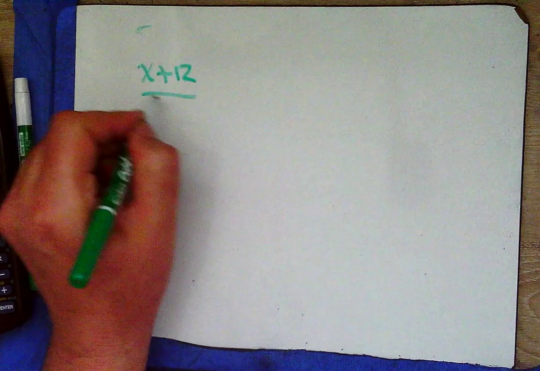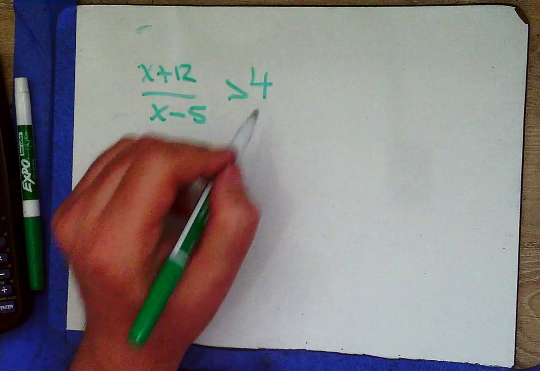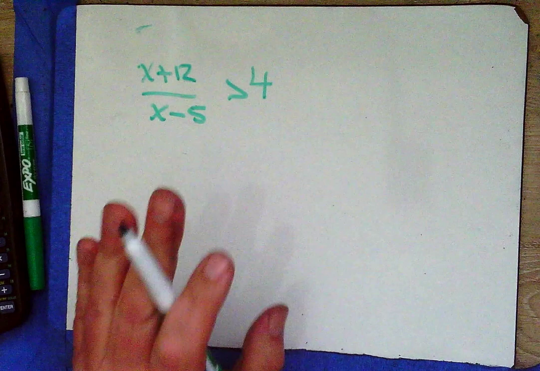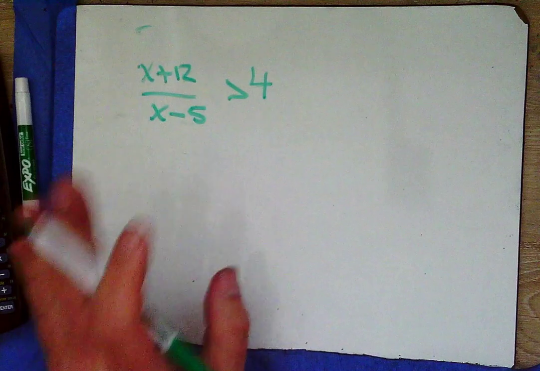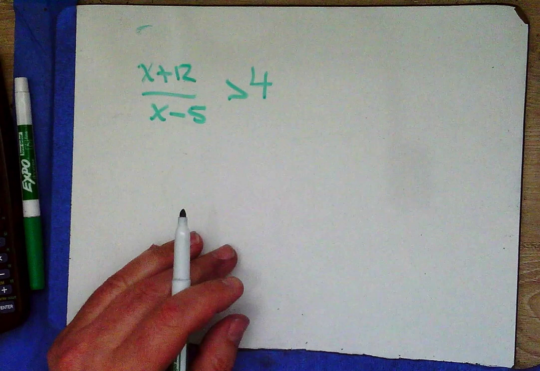Okay? So, here's my first one. x plus 12 over x minus 5 is greater than 4. We've done this, so you should be able to do this. Give this a try, pause the video, come back when you're done.